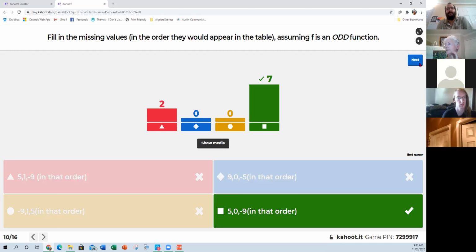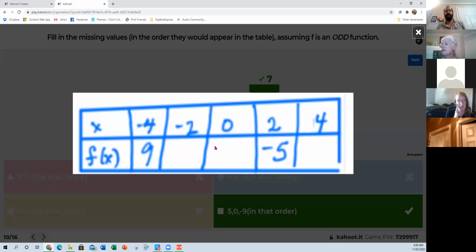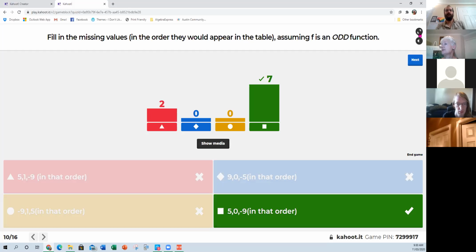Okay, good. So if you picked the red one, if this is an odd function, 0 has to be paired with 0. So the red one wouldn't work for that reason, because there's a 1 in that spot where the 0 should be. Otherwise, it would have worked.